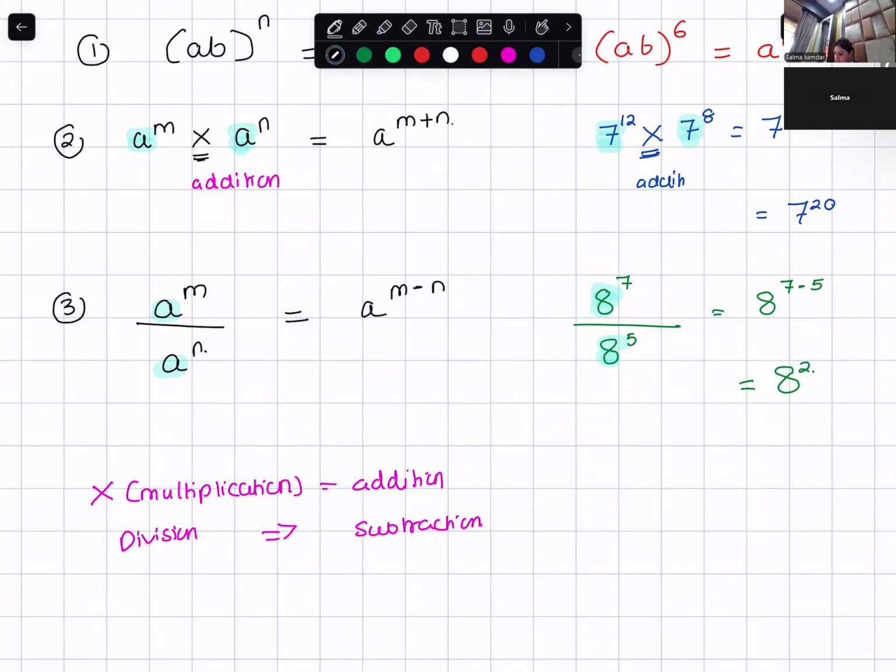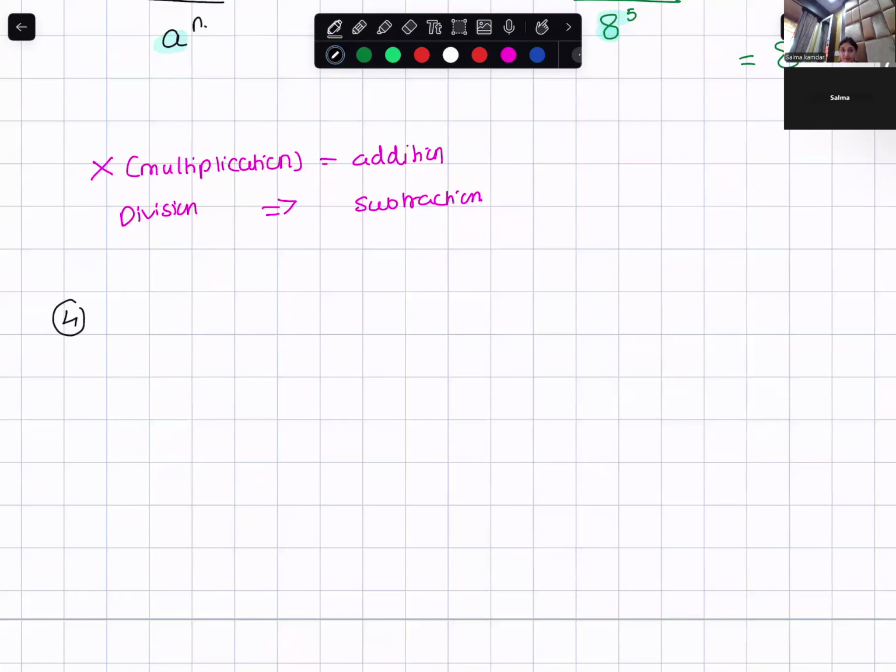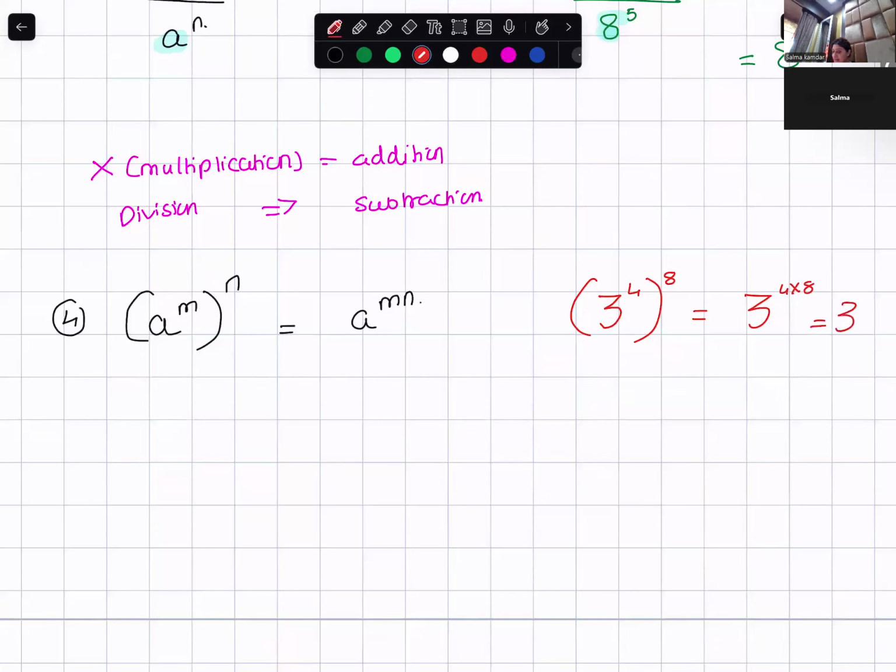Now we talk about the fourth law of indices: (a raised to m), the whole thing raised to n, will become a raised to mn. Let's take an example. I have 3 raised to 4, the whole raised to 8. So it becomes 3 raised to 4 into 8, which becomes 3 raised to 32.